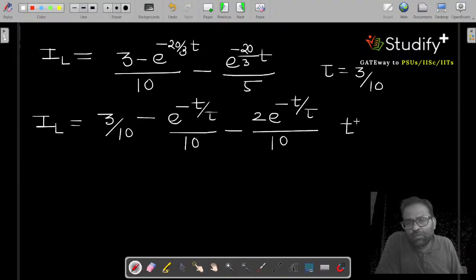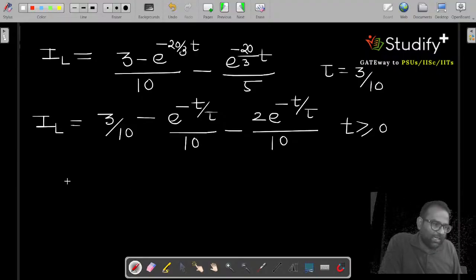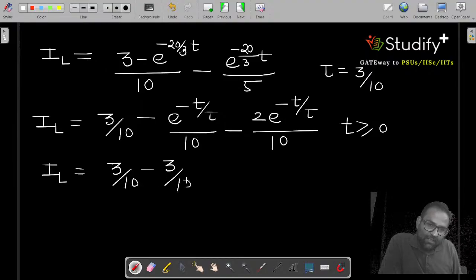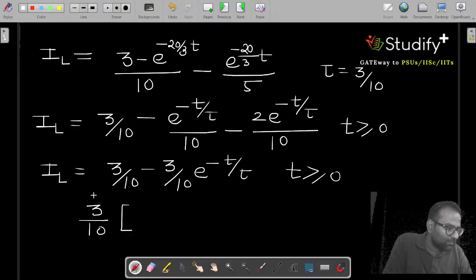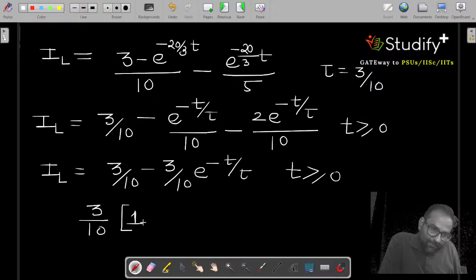And this expression is also valid for t greater than or equal to 0. So the value of IL as a function of time is 3 by 10 minus 3 by 10 into e to the power minus t by tau, valid for t greater than or equal to 0. And when I take 3 by 10 as common, this value is 1 minus e to the power minus t by tau.